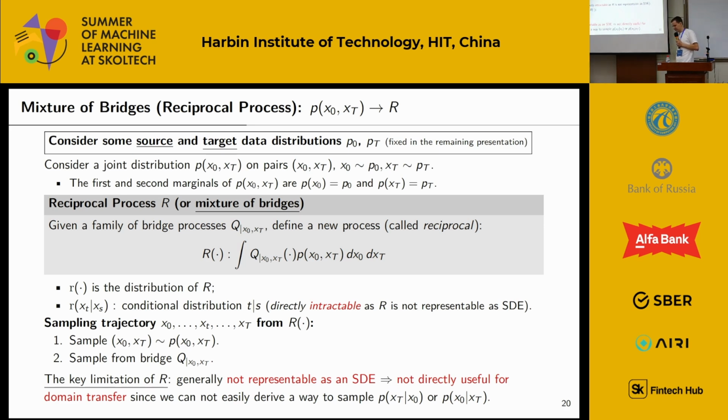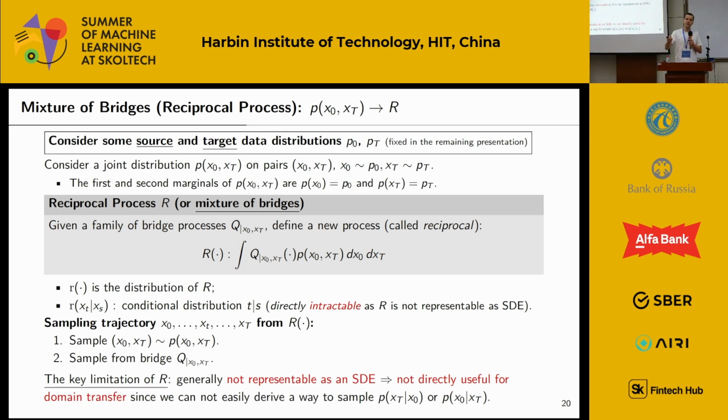Why is this process important? This process will later allow us to construct a diffusion process capable of performing domain translation, data transfer from one distribution to the other. But in the current form, the process denoted by R is kind of useless, because it's not useful for generative modeling at all.